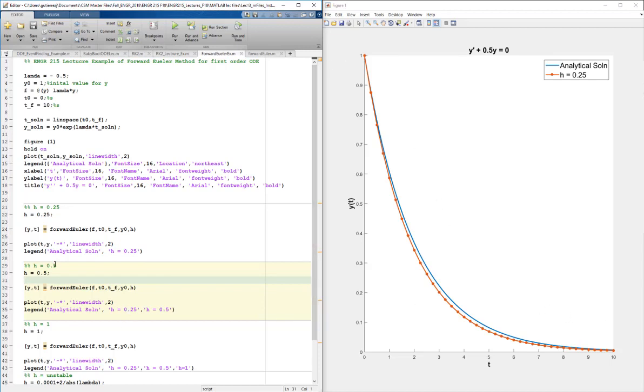So our error should add up linearly here. If we compute this one, we'll see that, in fact, yes, we almost do have a linear increase for each numerical integration. And then we'll step it up again to h equals 1 second.